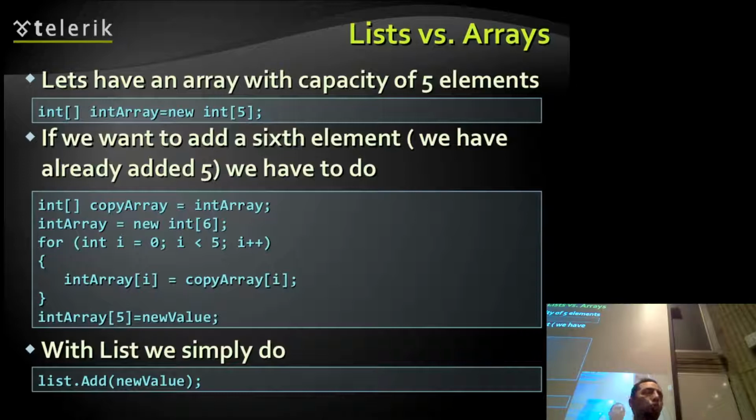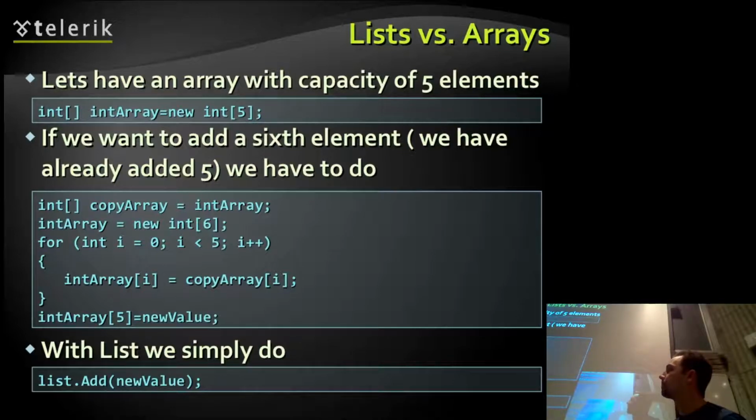If you did want to create a dynamic array from static arrays, there's a lot involved there. If you create something with 5 elements, you want to add a 6th element. First, you have to reallocate a whole new array with 6 elements. Then you have to copy the first 5 elements out of the original array into the second array, and then finally, you can put a value in the 6th array element, which is what this does.